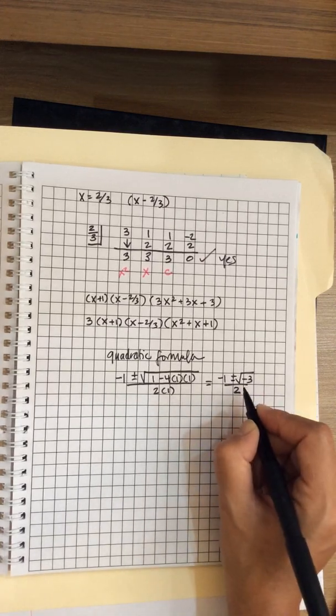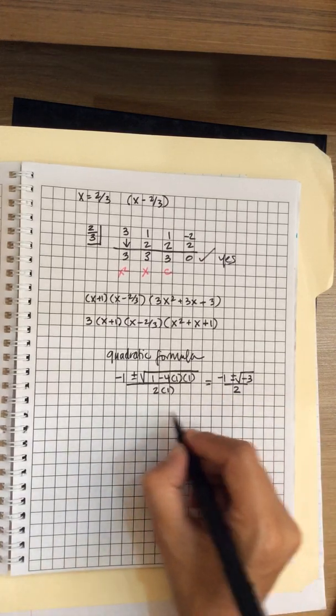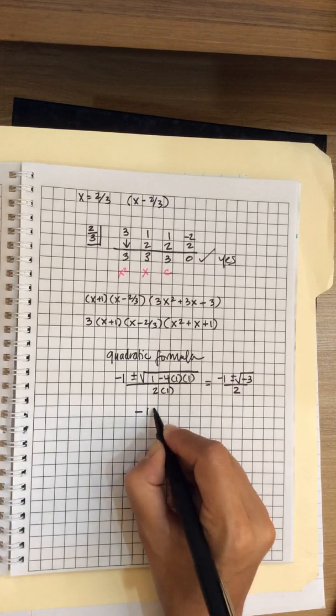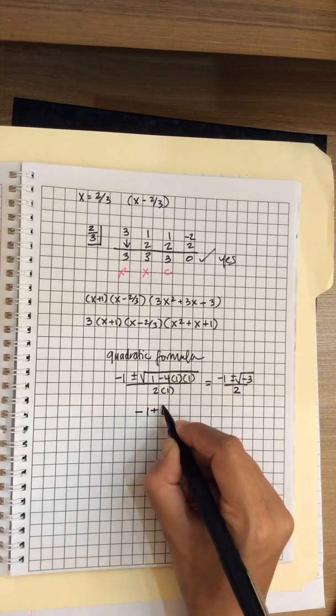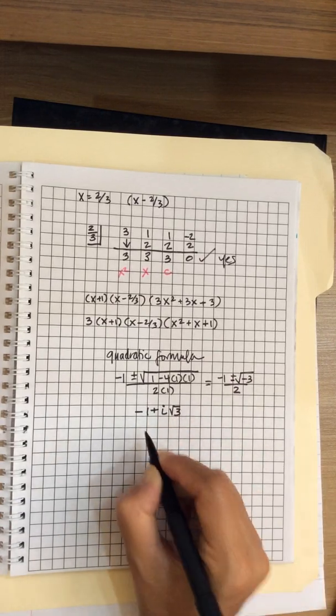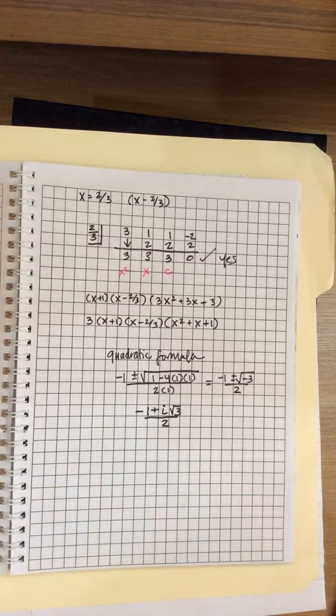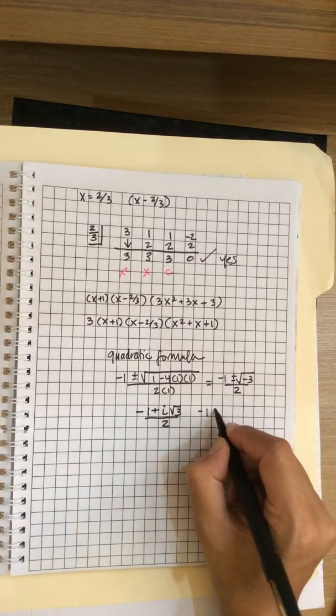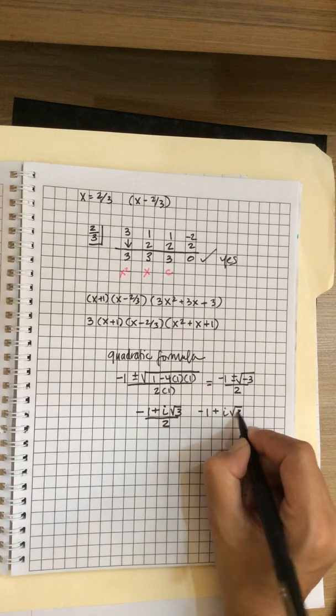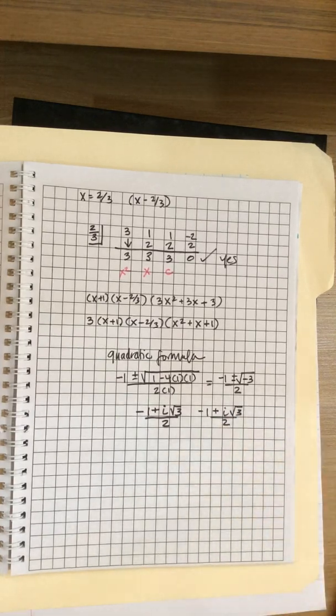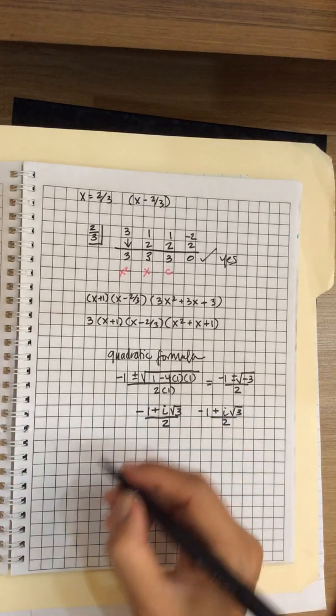So here are my 2 solutions, right? And so that becomes what? That's negative 1 plus, I can take out an i times root 3 over 2. And then I also have negative 1 minus i times root 3 over 2. So now I have all of my 4 roots.